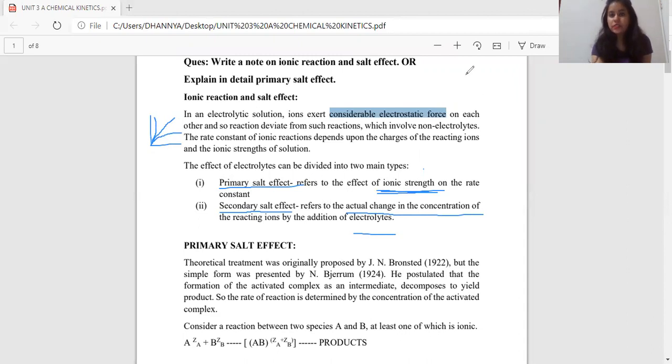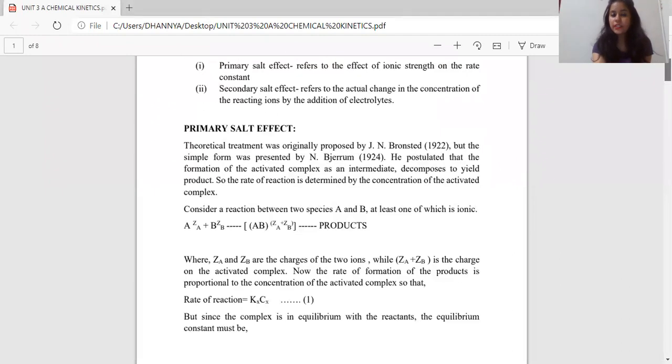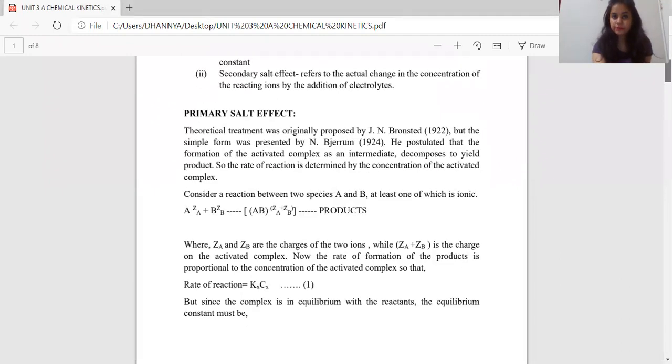At some point we will add certain electrolytes into the solution, and whether that addition leads to any change in the ionic solution or not is indicated by the secondary salt effect.